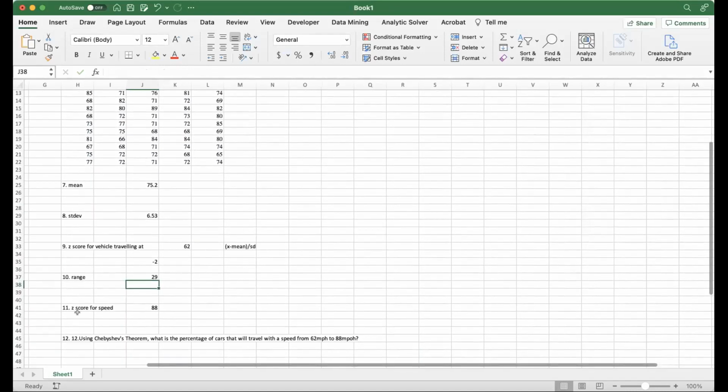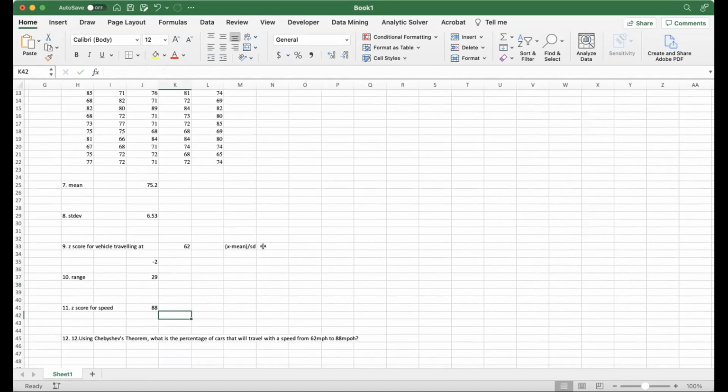All right, now we can move on to number 11. They're asking for the z-score for a speed of 88. So that's very similar to what we did in 9. We're using the same formula, x minus mean divided by standard deviation, because that's the z-score formula. So same thing. This is our x value, minus our mean.